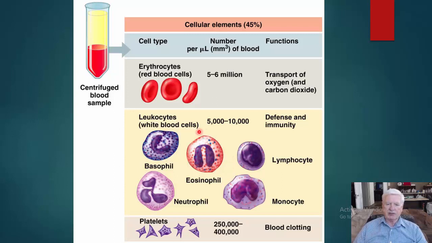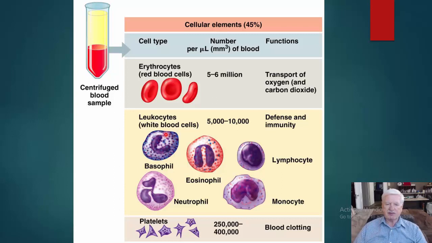There are two categories of leukocytes, white blood cells: the granular leukocytes and the agranular leukocytes. There are three types of granular leukocytes: the neutrophils, the basophils, and the eosinophils. And they basically stain differently. The neutrophil is neutral to the stain that's used.